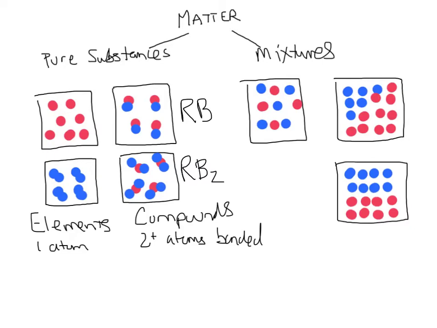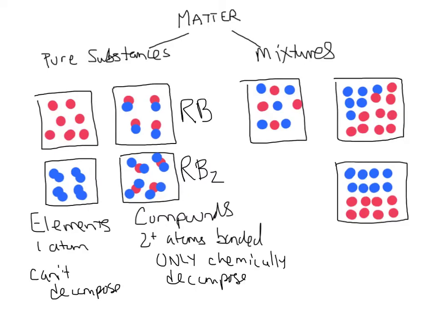So when the ratio of atoms changes, the identity of the compound changes. Now, elements, because they only have one type of atom, cannot be broken down in any way. Versus compounds, in order to decompose them or break them down, you actually must break a bond. So they can only be broken down chemically.